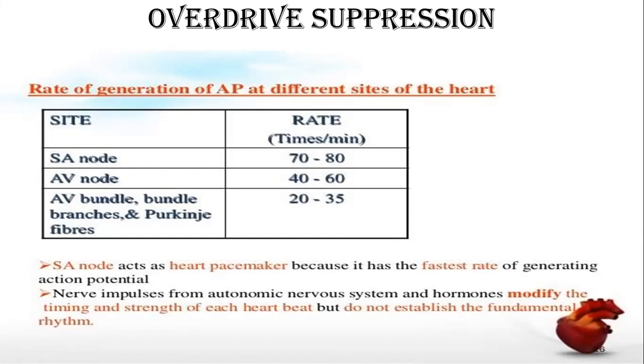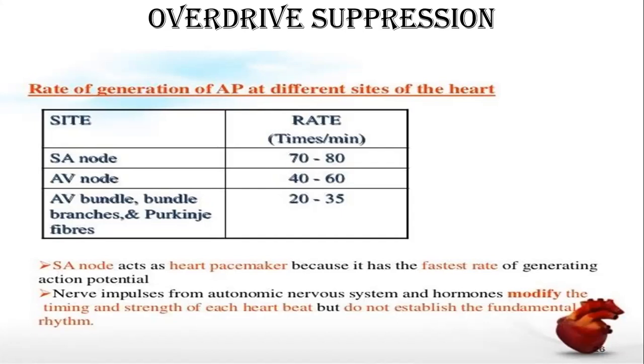The automaticity of pacemaker cells diminishes after these cells have been excited at higher frequency. This phenomenon is called overdrive suppression. Because the intrinsic rhythmicity of the SA node is greater than that of the other latent pacemaker cells in the heart, firing of the SA node tends to suppress the automaticity in other places.